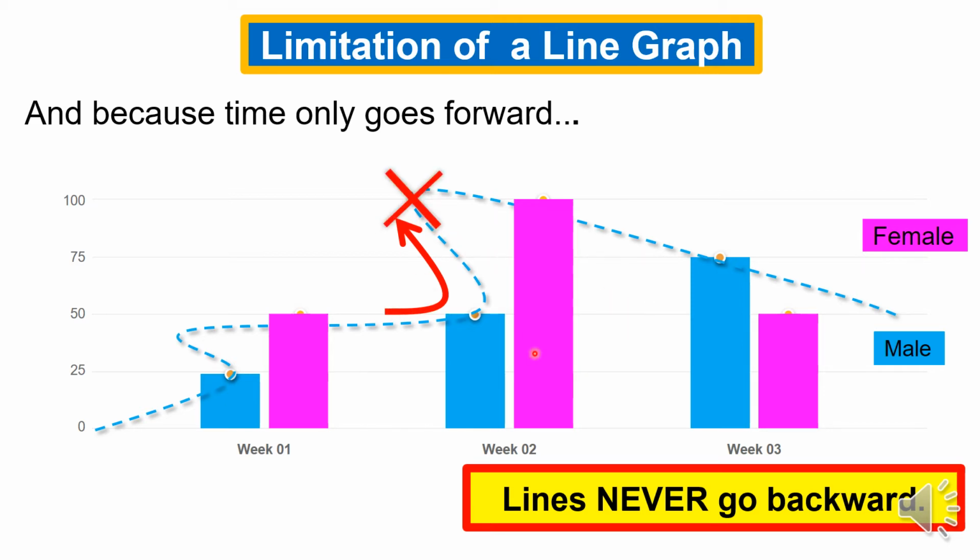No, it cannot be. Also this wave here, can we do that one? Can we create line graphs that go backward? No, it cannot be. We can only use lines that go forward. Lines cannot go backward because time never goes backward.